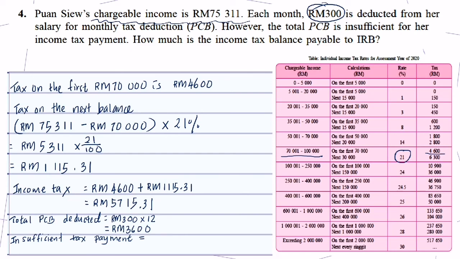Okay, the income tax supposed paid by Puan Siu is RM 5,715 ringgit 31 cent. And total PCB deducted for whole year is 3,600. So how much not enough?